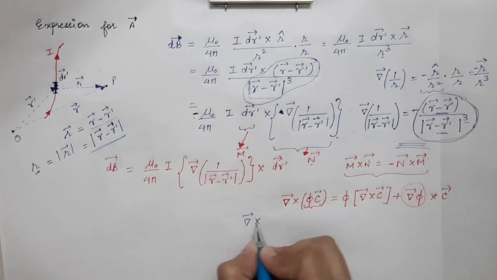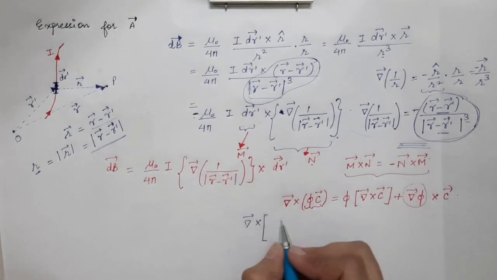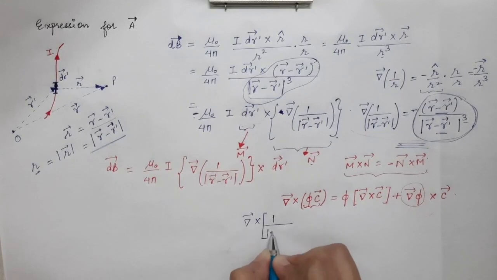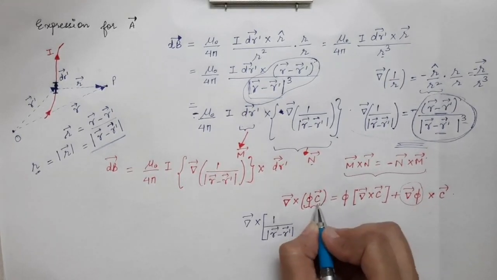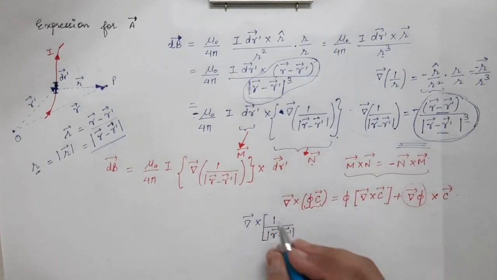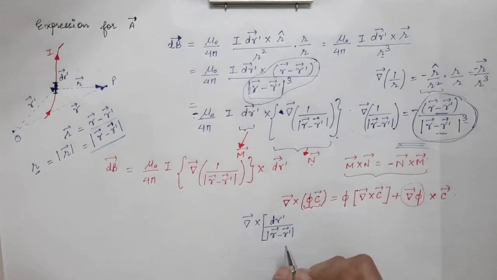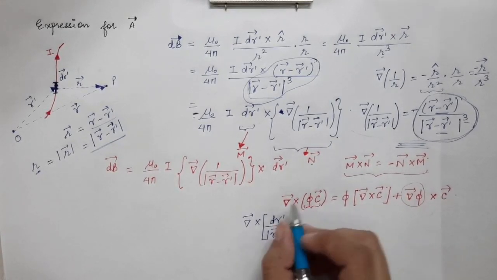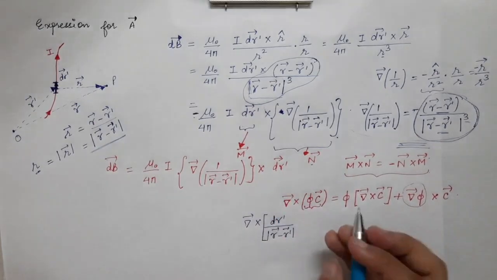You will get the curl of, instead of phi, 1 divided by the magnitude of r vector minus r prime vector, multiplied by c vector. So for c vector I am substituting dr prime vector. In a moment you will get to know why I am taking phi as this scalar function and this vector as dr prime vector.